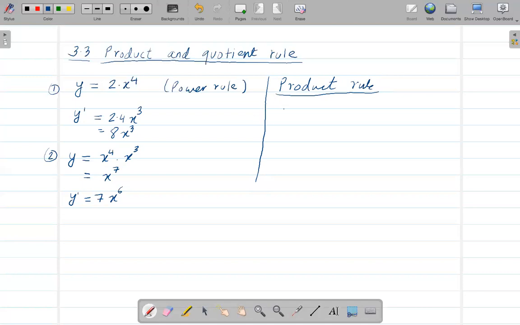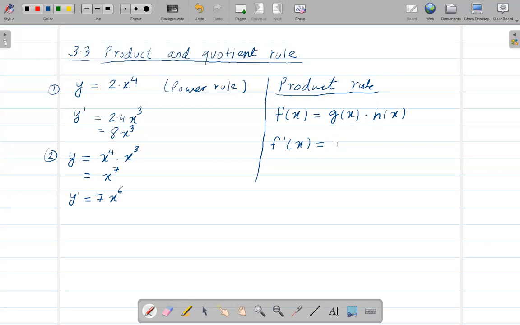let's say we have a function where both of the terms are in terms of x. So let's say it's g of x times h of x. All right, so for an equation which has two terms like this, if I want to take the derivative, then since there are two terms multiplying each other, I can take the derivative of one term, either this one or this one.